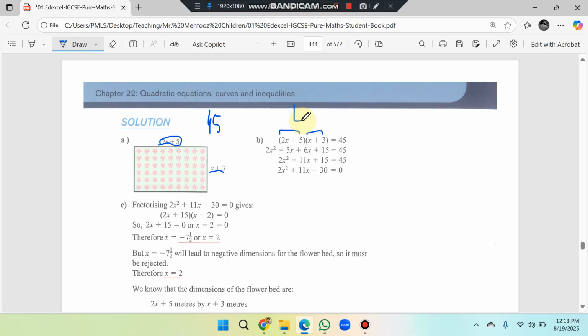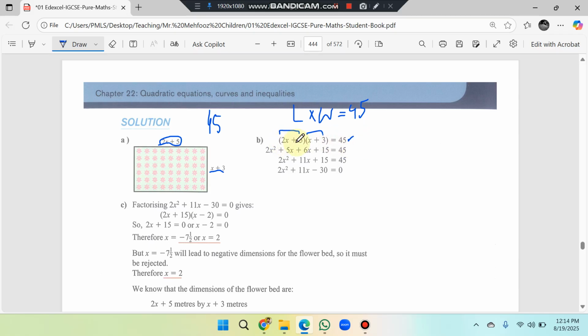It means that length multiplied by width is equal to 45, right? So length is 2x plus 5 and width is x plus 3. When we multiply these two values, then your answer must be equal to 45 as given in the question.